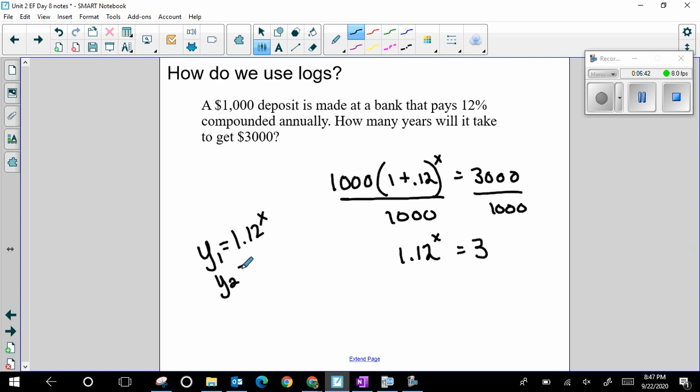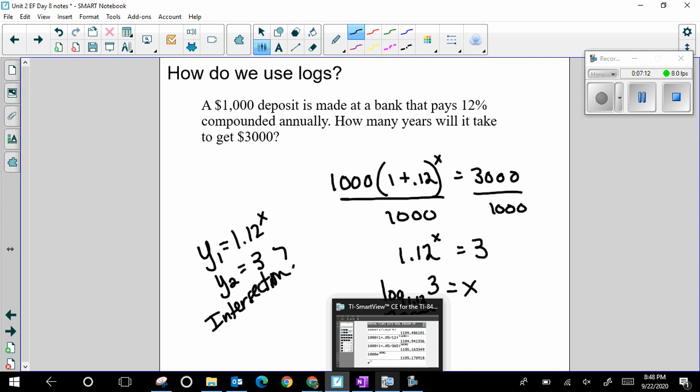We did y sub 2 is 3, and we looked for the intersection. Well, now we can use algebra to solve it. So I'm going to change this to a log. So remember it's log the base 1.12. The number goes here, so the 3 goes there, and the x goes on the other side. So we can now put this in our calculator and figure out what x is.